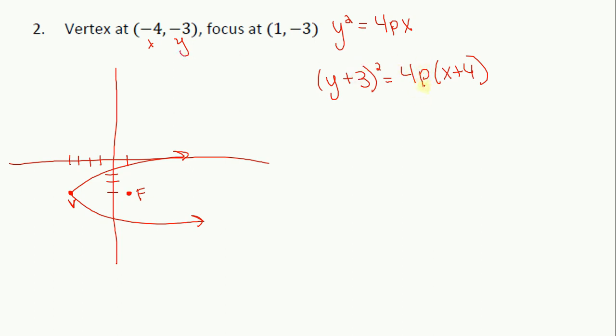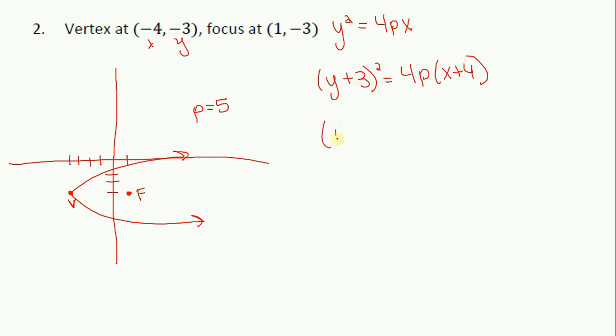Then I need to find my p-value. Well, remember guys, your p-value is just how far your vertex is from your focus. So in this case, my p-value is 1, 2, 3, 4, 5 away. So I know my p-value is 5, because remember, when you were graphing these earlier, once you found your p, you went to your vertex and you counted that amount to get to your focus.